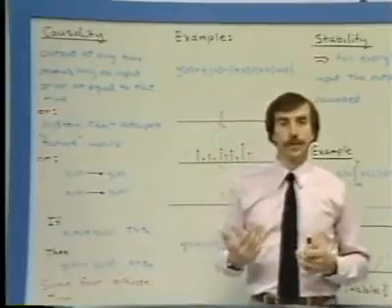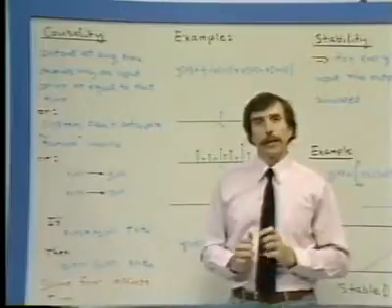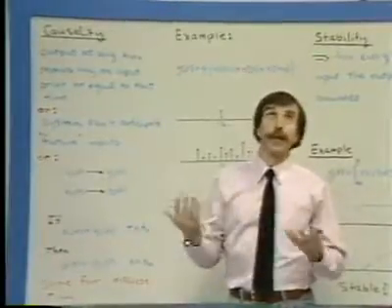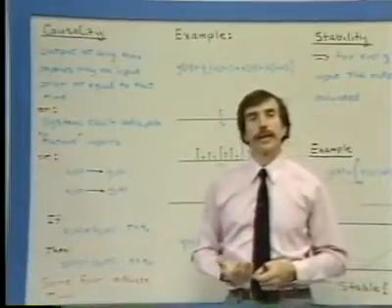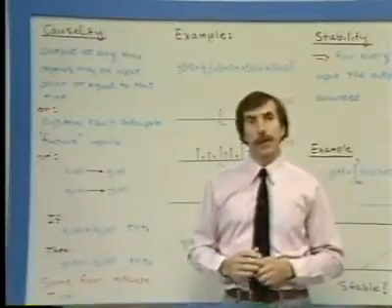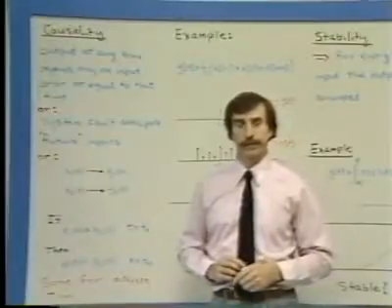Now, in essence, what causality means is the following. A system is said to be causal if, as one way of saying it, it only responds when you kick it. As another way of saying it, its response at any time only depends on values of the input prior to that time.